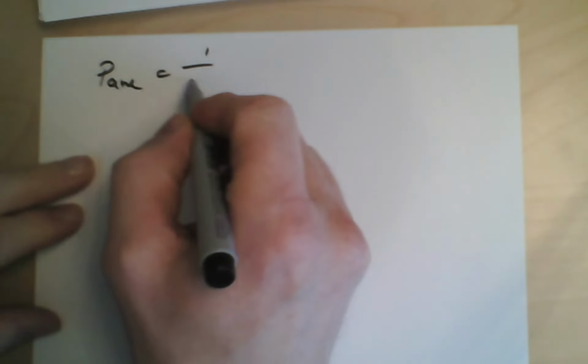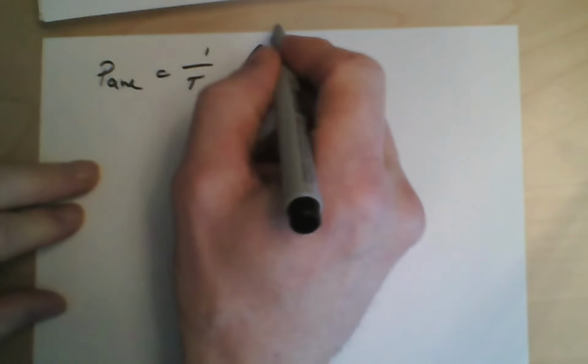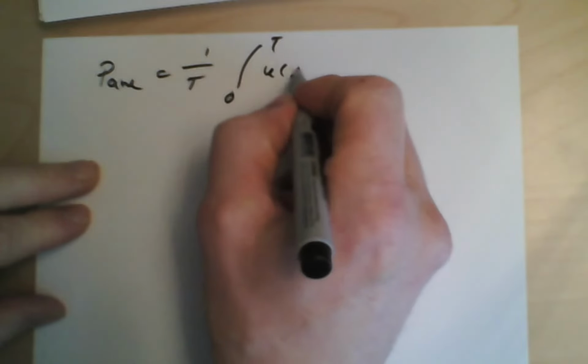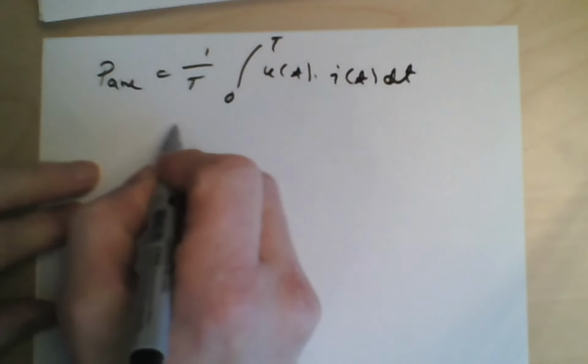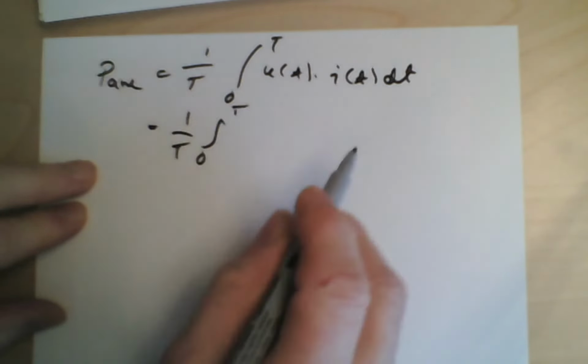It actually comes from calculating the power over resistor, if it's sinusoid, or the average power over one period. So we have this integral, let's just cut some corners here, over one period of u(t) times i(t) dt. That's the average power formula. Quickly just wrap it up.